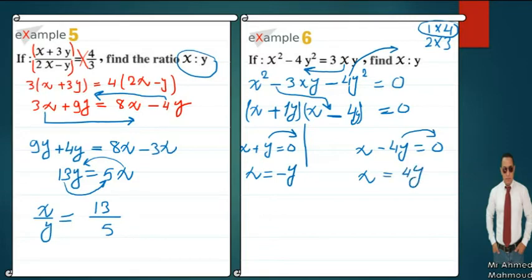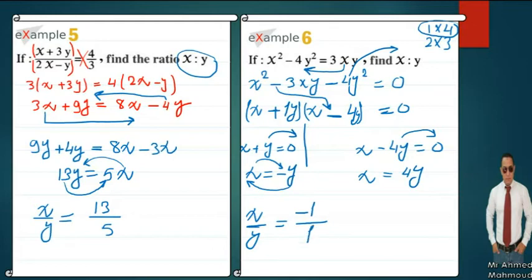Okay, here x over y equals x over negative 1 equals y over 1, so x takes negative 1 and y takes 1, then it will be negative 1 over 1.